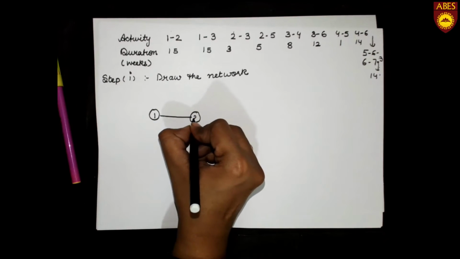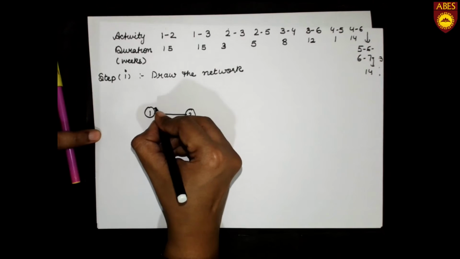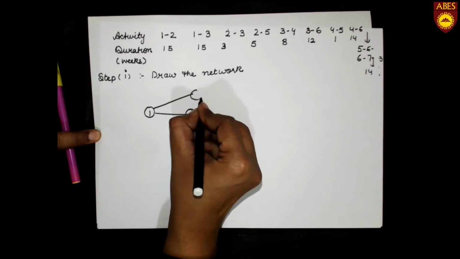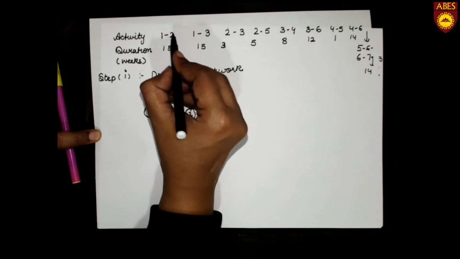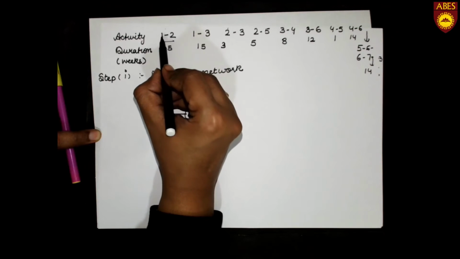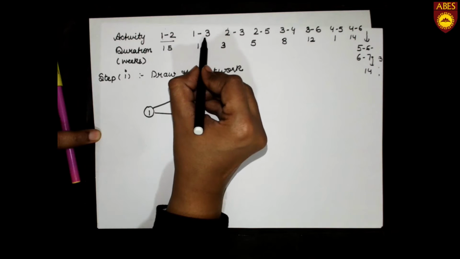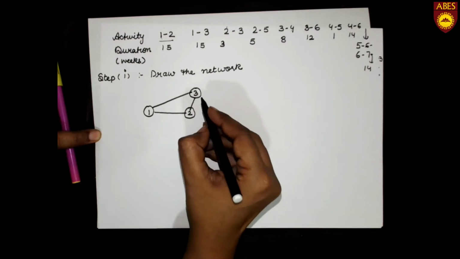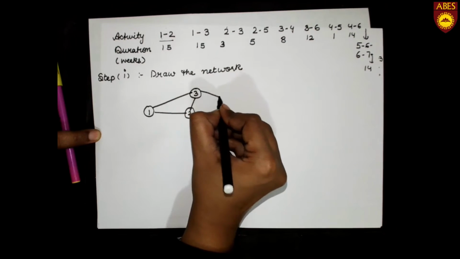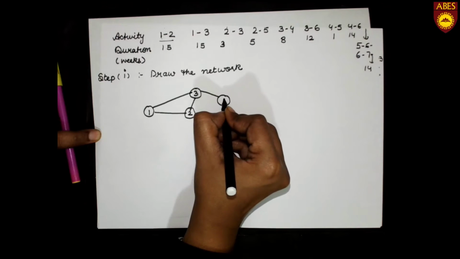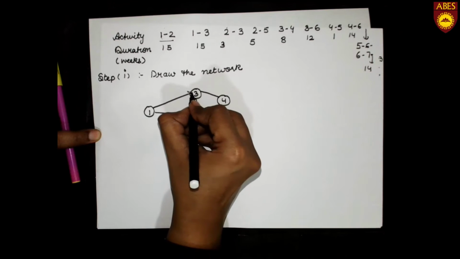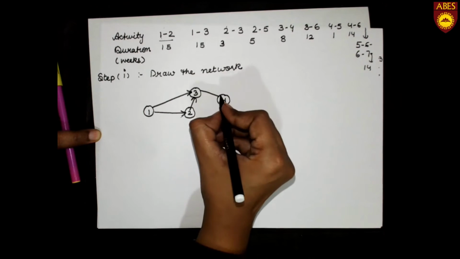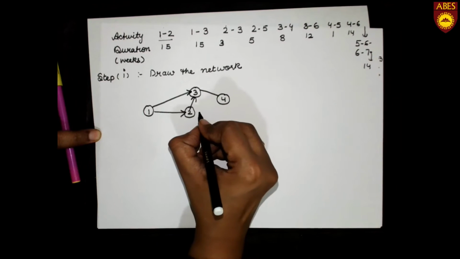1, 2. 1, 3. These are two activities. From a single event, two events are generating, 2 and 3. Now next one is 2, 3. Now next one is 2, 5.